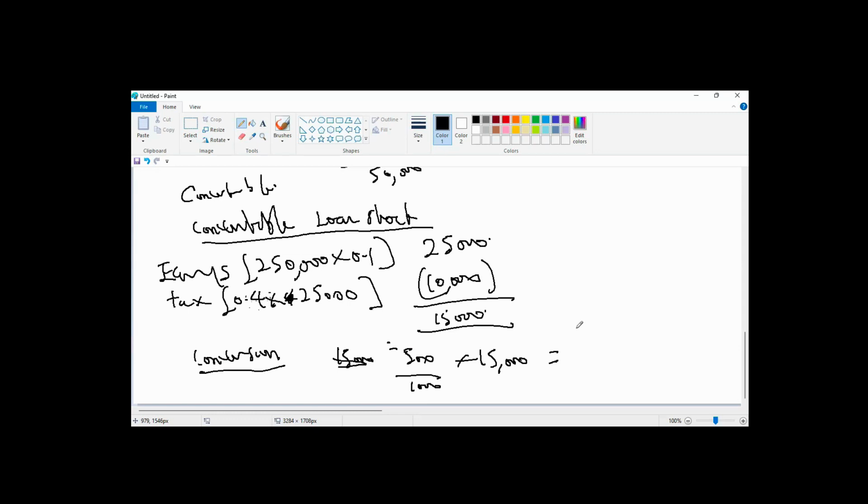How much is the loan? The loan is 250,000 as 10% convertible. Why are we not picking 15,000?